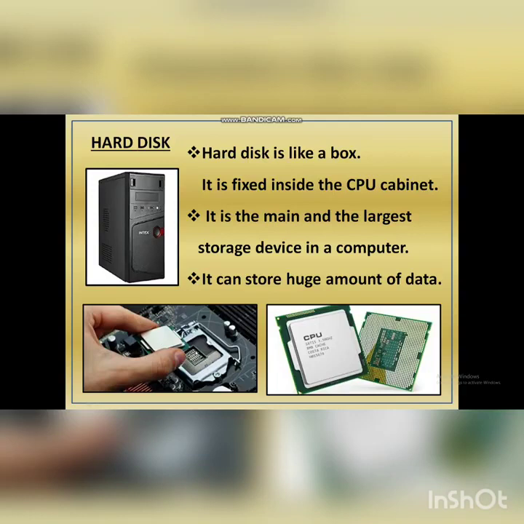This man is inserting the hard disk in the socket, right? And this hard disk helps you to store all the data. It is the main and the largest storage device in a computer. It can store a huge amount of data. So it is the most important and the largest storage device in the computer.